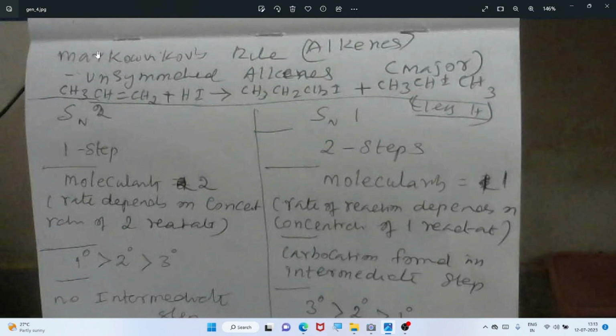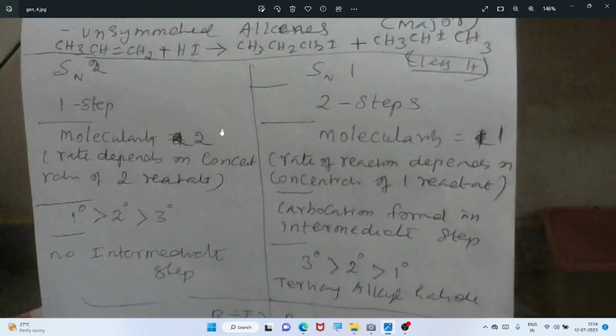This is given by Markovnikov's rule: it attacks the carbon with the lesser number of hydrogens. Here this side has only one hydrogen and the other side two, so iodine goes to the left side of the double bond. This is the major product, and the other is the minor product.